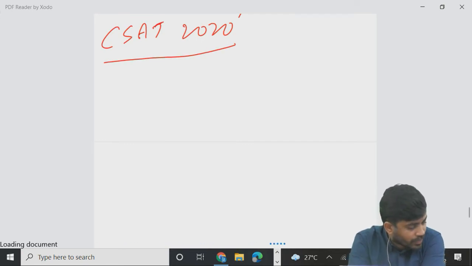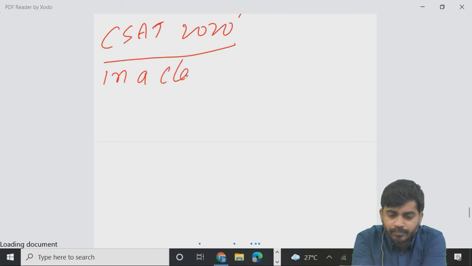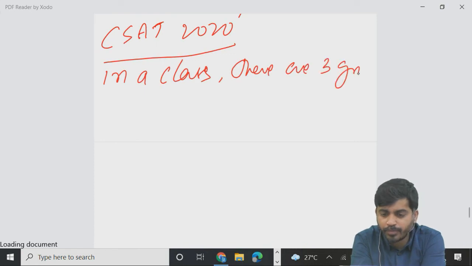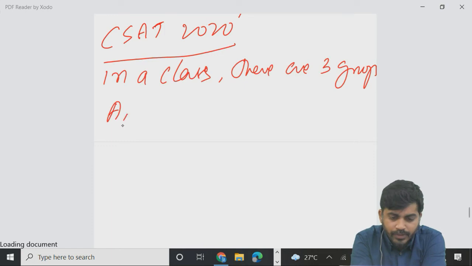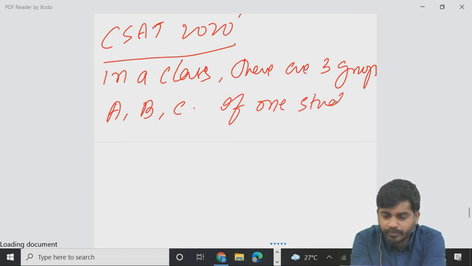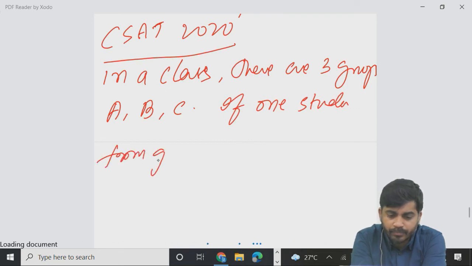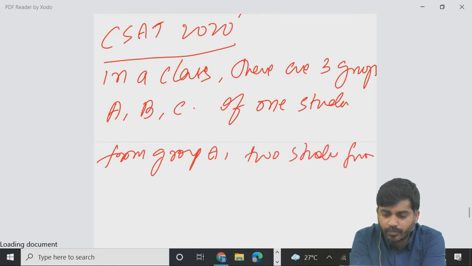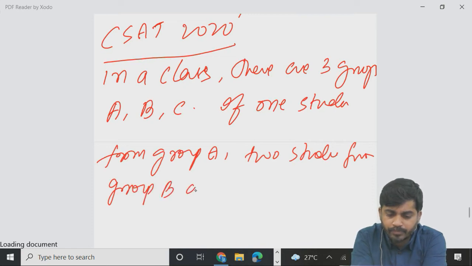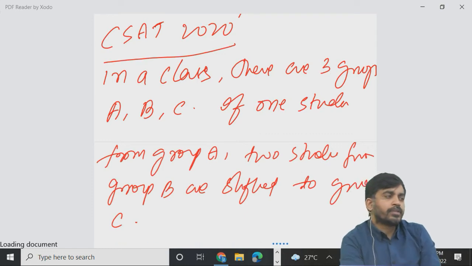CSAT 2020 question. In a class, there are 3 groups A, B, C. If one student from group A, 2 students from group B are shifted to group C. See what is happening in the classroom.